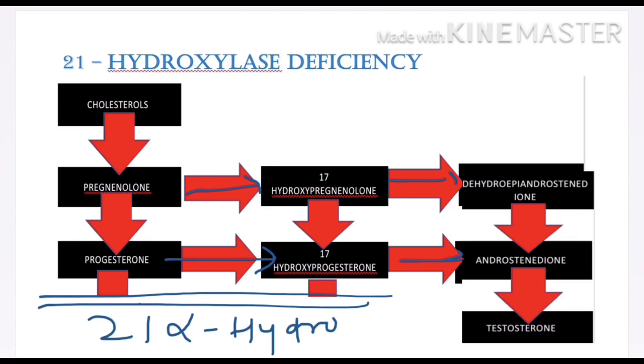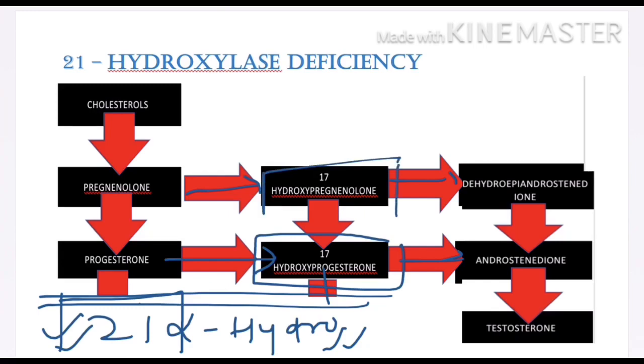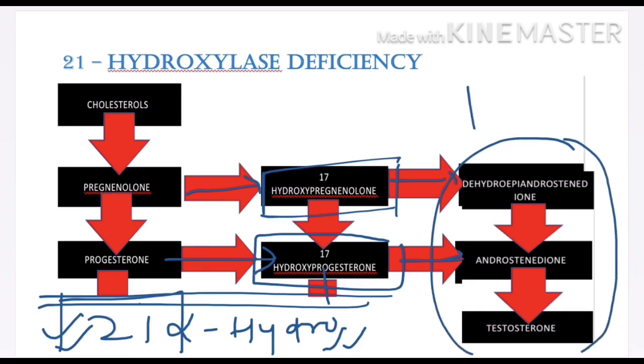We do not have the pathway for mineralocorticoid or for glucocorticoid, so we have no mineralocorticoid and no glucocorticosteroid. All the precursors, 17 hydroxyprogesterone and 17 hydroxypregnenolone, are diverted to the formation of androgen. So we have excess androgen.